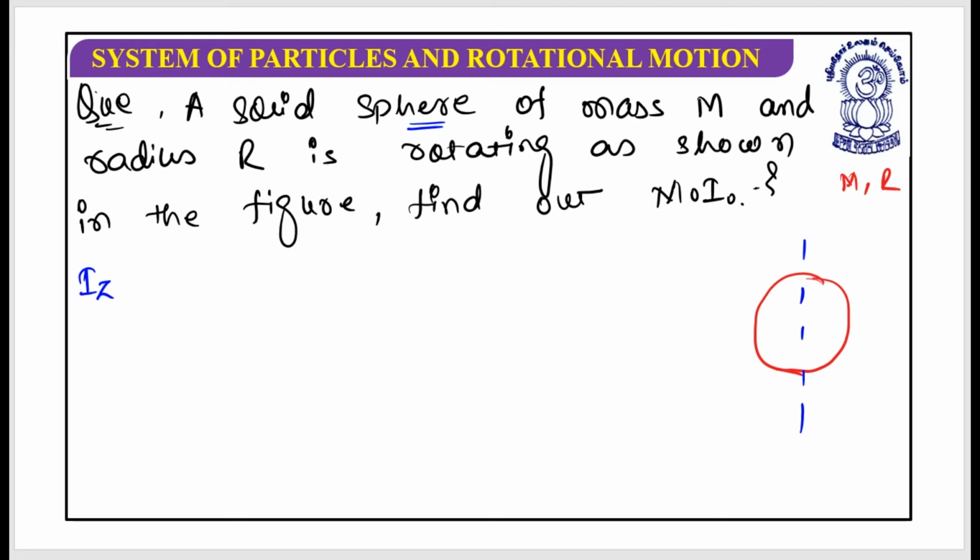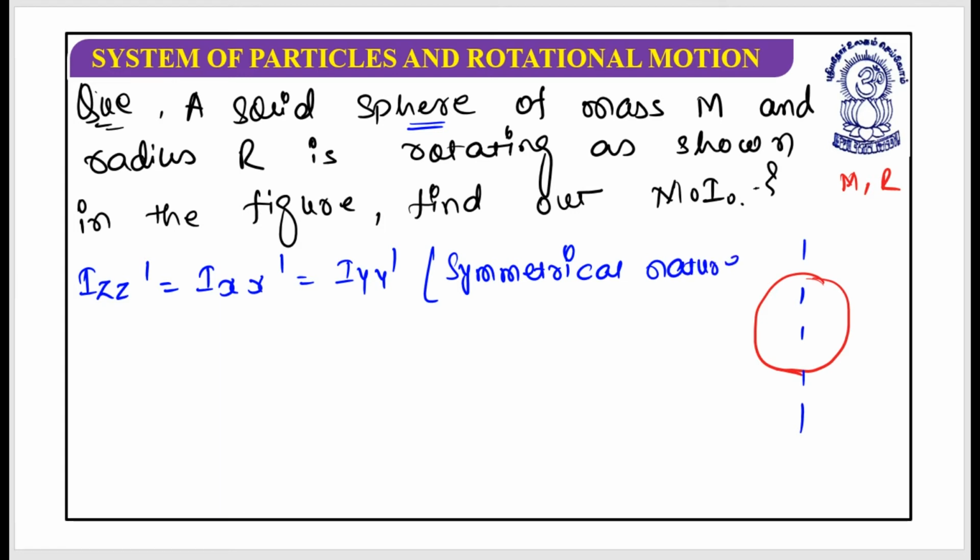So we can write this as I zz dash, or I xx dash, or I yy dash. I have written this from the symmetrical nature of the sphere. It would be the same in every dimension, no? Whether it is x, y or z, it is symmetrical. That's why it is a 3D object.